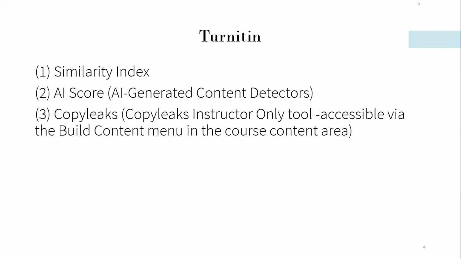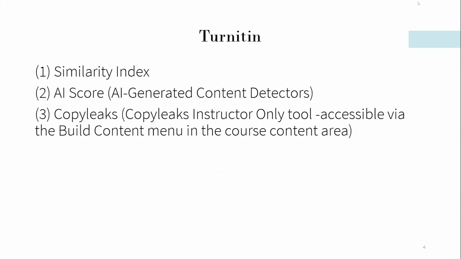Right now, Turnitin provides a function to help faculty identify student use of ChatGPT. The similarity index is not related to the use of ChatGPT, but starting from this year, in April, there was the introduction of the AI-generated content detector.